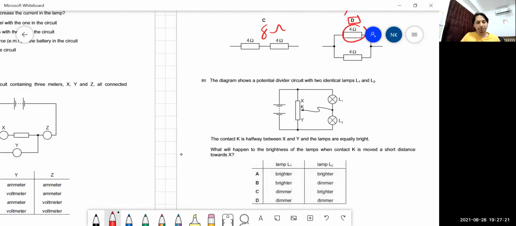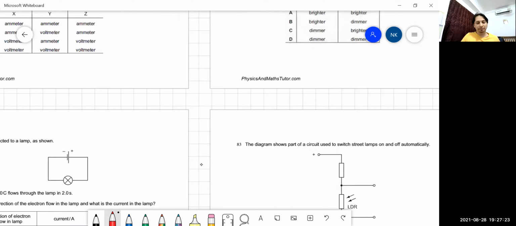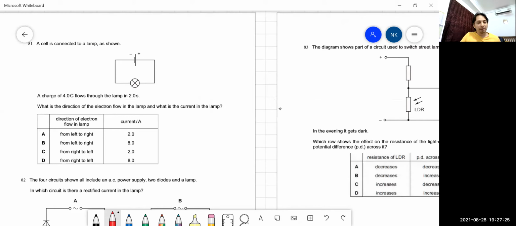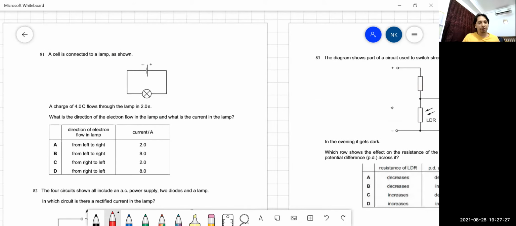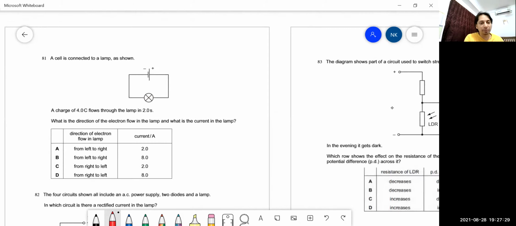Next question. Question number 81. A cell is connected to a lamp as shown in the diagram. A charge of 4 coulomb flows through the lamp in 2 seconds. What is the direction of the flow of electrons in the lamp?